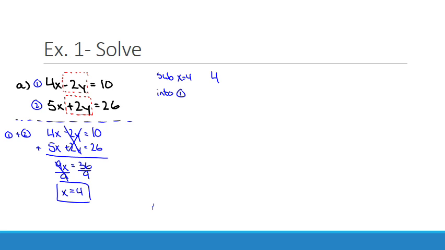So I can just say 4x minus 2y equals 10, and then 4 times whatever my x value is, minus 2y equals 10. My x value is 4 like we talked about. So I get 16 minus 2y equals 10, and now I'm just going to solve for the y.